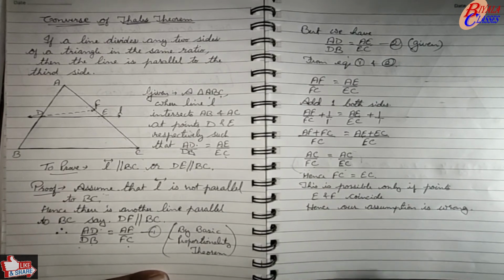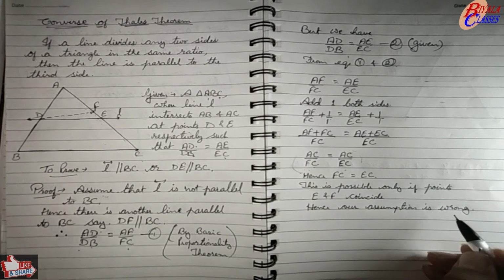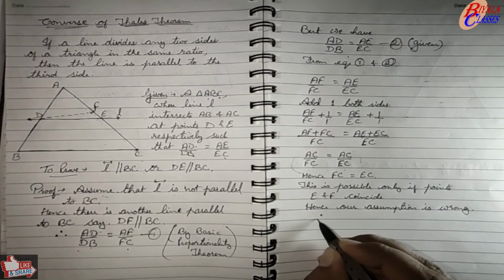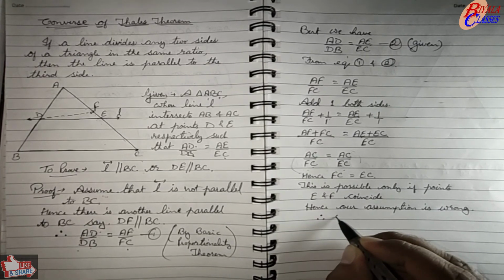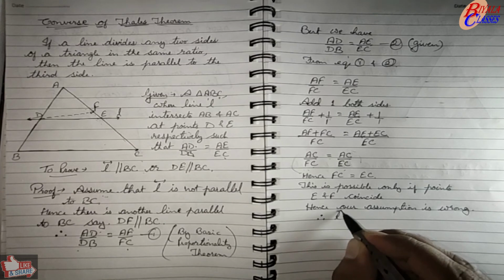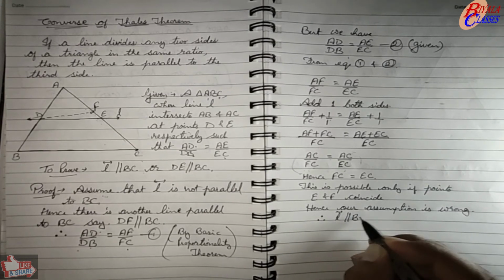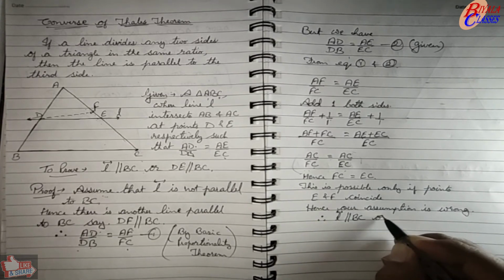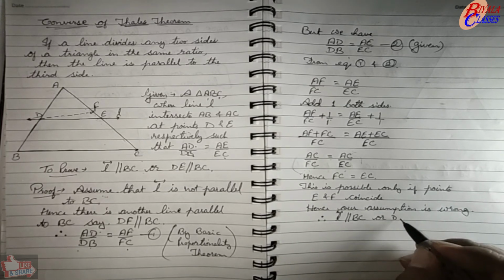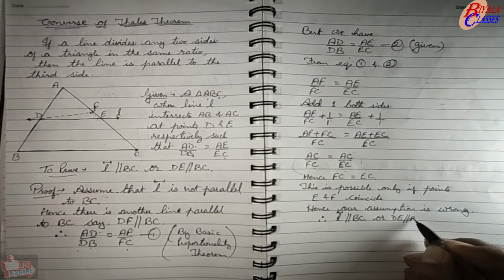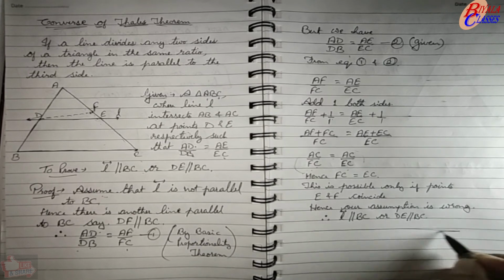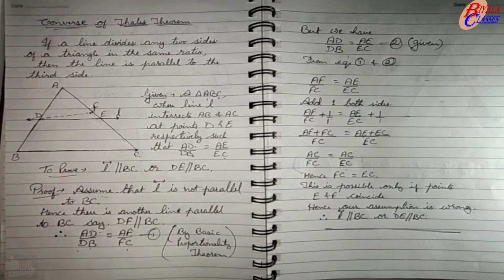We have proved that our assumption is wrong, and because our assumption is wrong, therefore we conclude that L is parallel to BC, or say DE is parallel to BC. So this is the proof of the converse of Thales theorem, or the converse of the basic proportionality theorem.